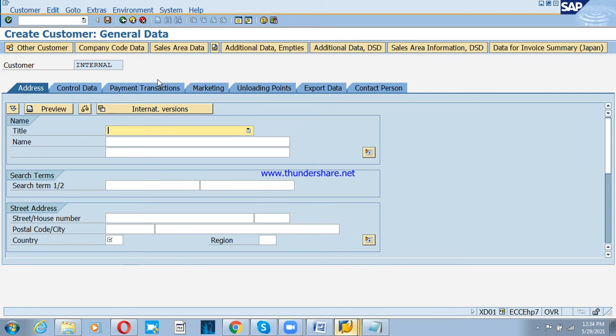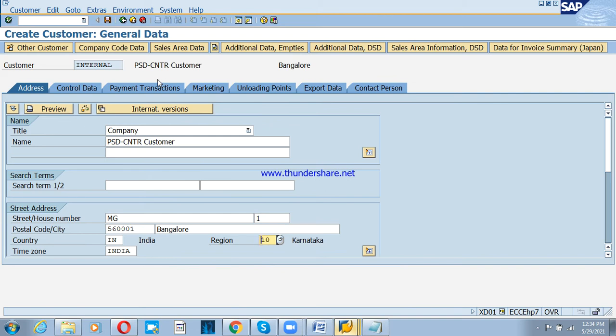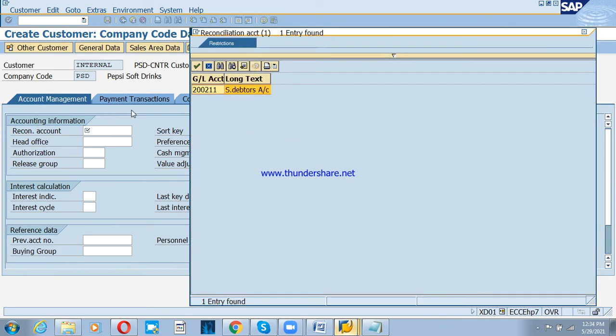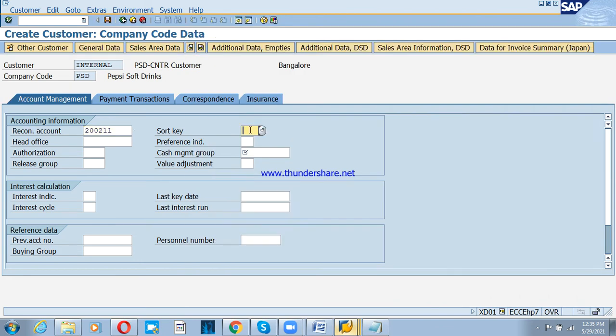Here I will give the title as company and PSD, the customer name like this. Okay, I will input the address. City Bangalore, country India, region 10. Then I will go to company code data and assign my reconciliation account here, sundry debtors, sort key 031, that is customer number, customer cash management group E2.